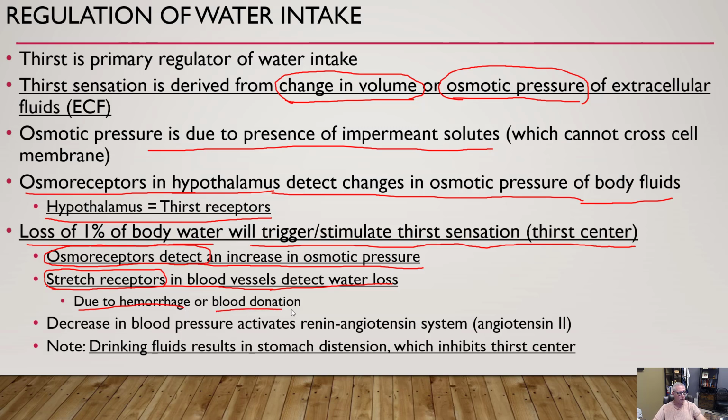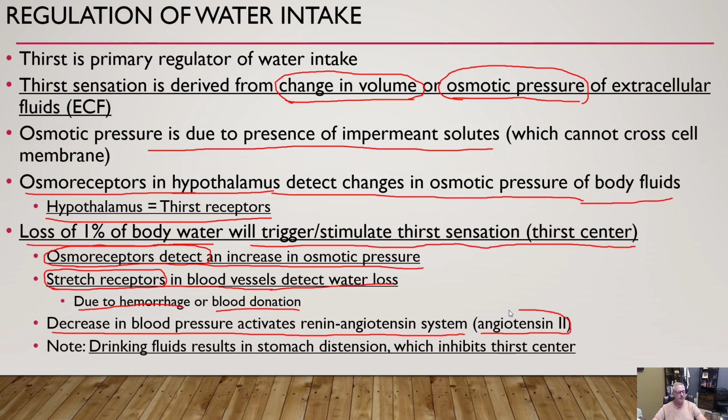Or if we donate blood, typically when you donate blood, you're actually going to donate about 10% of your blood volume. So if you donate 10% of your blood volume, you actually lost 10% of your body water, 10% of your blood volume. So you're going to trigger your thirst sensation. But also a decrease in your blood pressure will activate that renin-angiotensin system that we talked about, I believe in the last chapter, the kidney chapter.